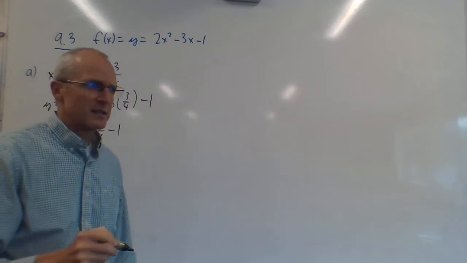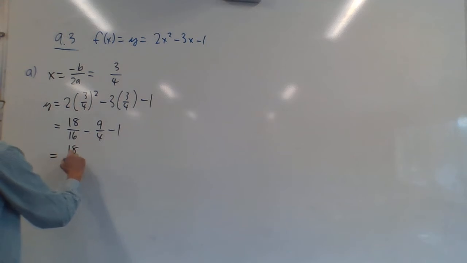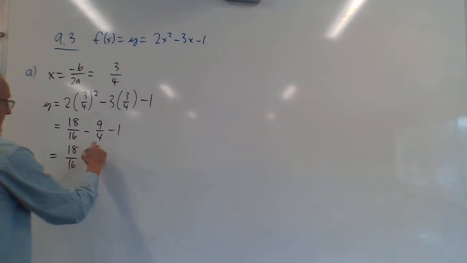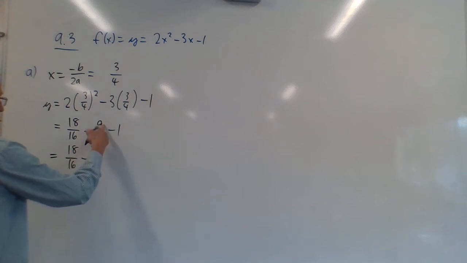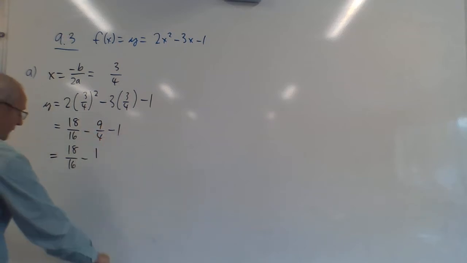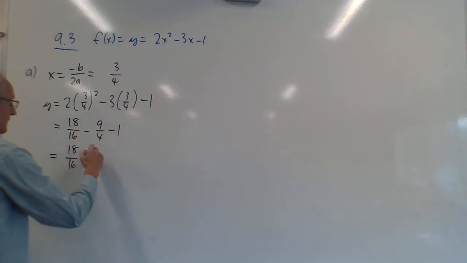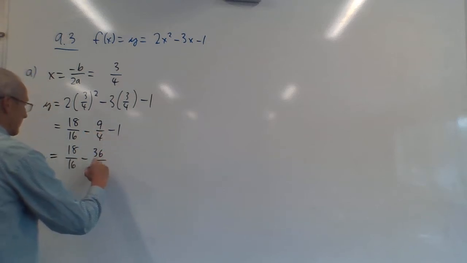Let's change all that to 16ths, I guess. So that's 18/16 minus 9/4. We've got to multiply the top and bottom by 4, so it's minus 36/16.